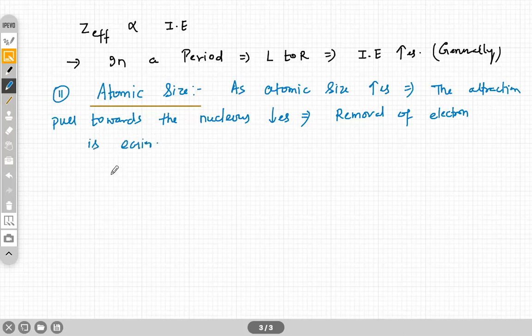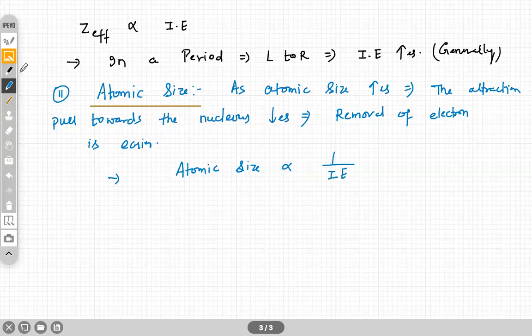So what we can write, atomic size is more, ionization energy is less. So inversely proportional to IE. Okay. So what is the trend here?